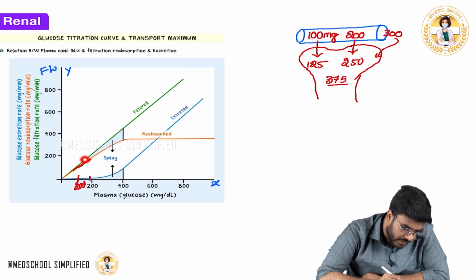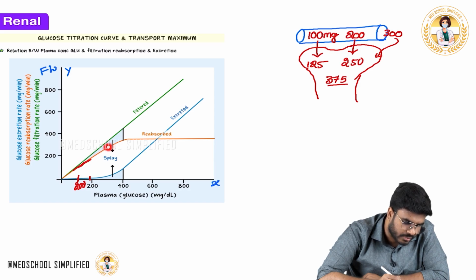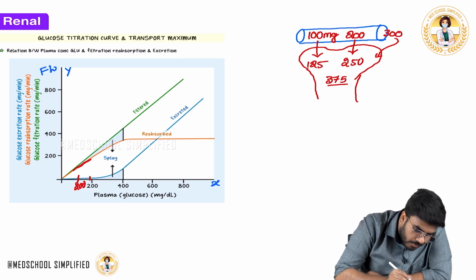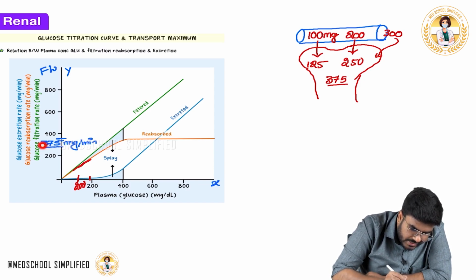Now filtration is increasing and reabsorption also increases, but at 375 filtered load, at 375 milligrams per minute filtered load, the transport maximum is attained.